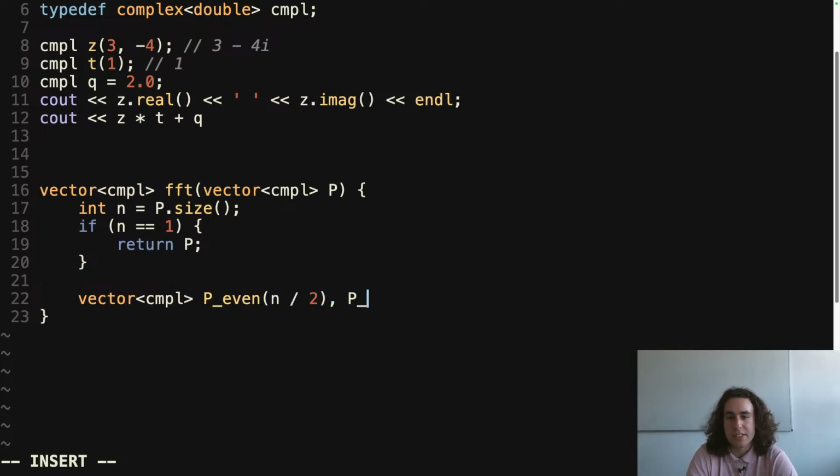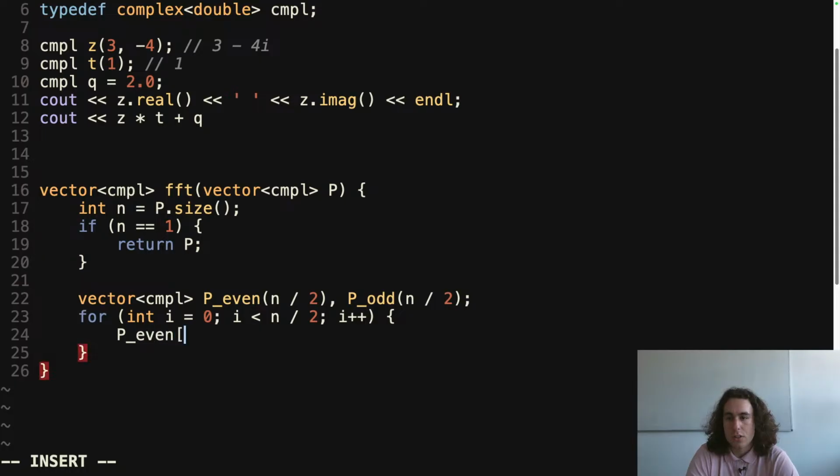Both of them will have size n over 2. And then I just go through all the indices, and p even of j is going to be p of 2j. Let's not use i, because i is an imaginary number. Let's use j. And p odd of j is p of 2j plus 1.